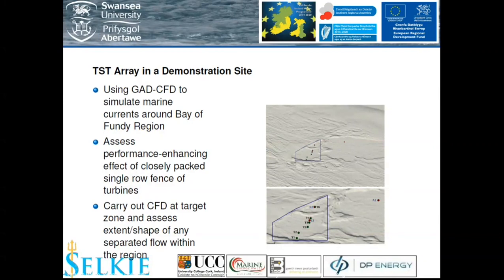We first and foremost validate our model using ADCP measurements at a known location shown as A1 in the bottom image, and then characterize the flow in the vicinity of the region of interest. After which we investigate the performance of 6 tidal arrays labeled T1 to T6 in the bottom image within the region of interest.